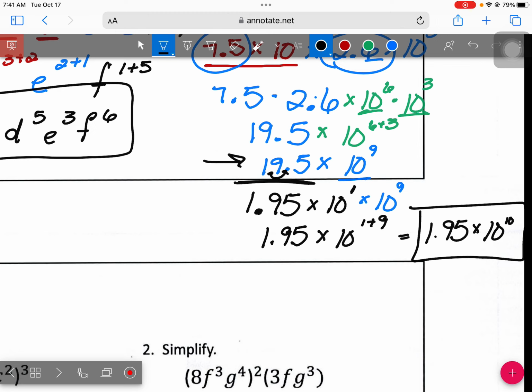But does everybody see, if you get an answer like this, it looks like scientific notation, but you have to ask yourself, is my first factor, that first number I'm multiplying, a number between 1 and 10? If it's not, you might have to do scientific notation again. Okay? Now, I know that was probably a lot because we actually didn't even go over scientific notation. I did get it started in my other classes.